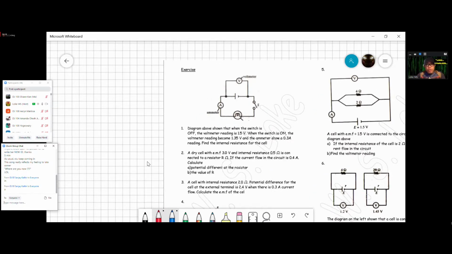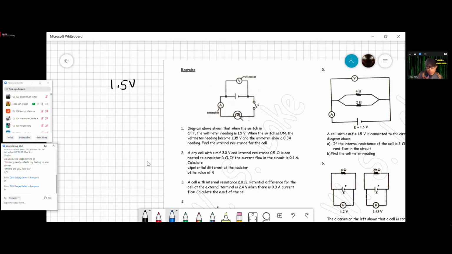Diagram above shows when the switch is off. Switch is off. 1 meter reading 1.5. Stop there. Don't read further. So the question says that when the switch is off, as I mentioned just now, one of the important things is what? The meter reading. What is given to you? So at that moment, the meter reading, the question says, is 1.5, you know.